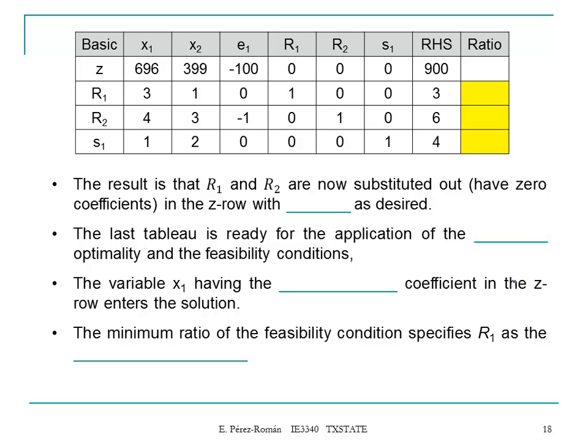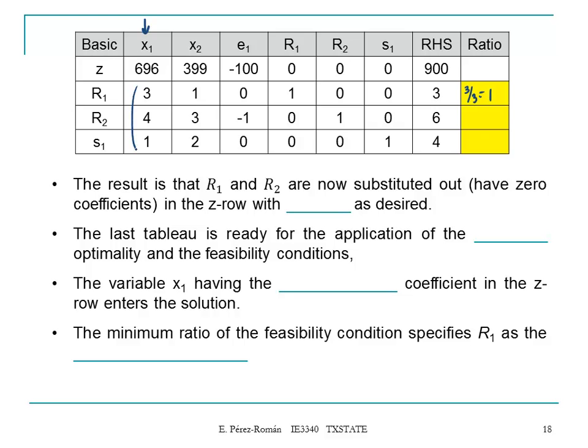It's a maximization problem, right? So we want to add the largest positive value. So that one is X1. And if we perform the ratio, this will be 3 divided by 3, so this is 1.